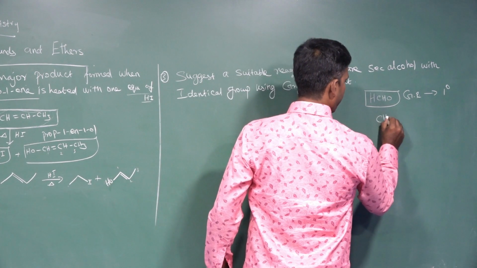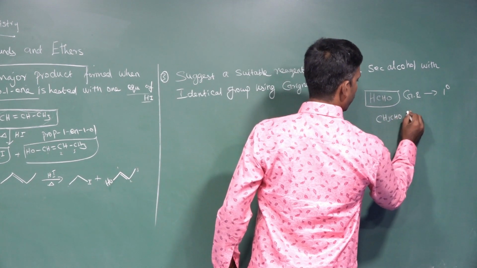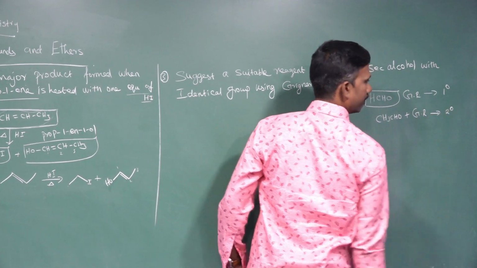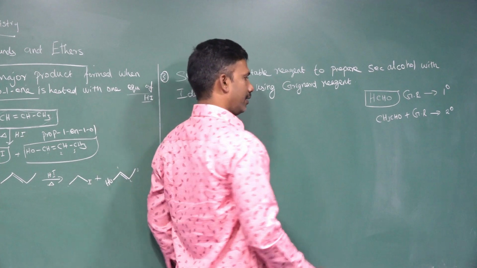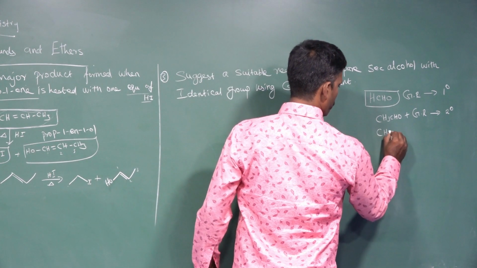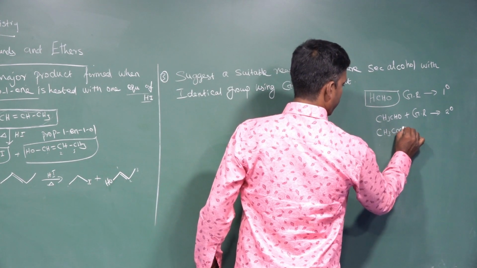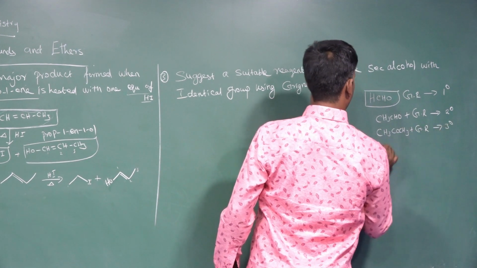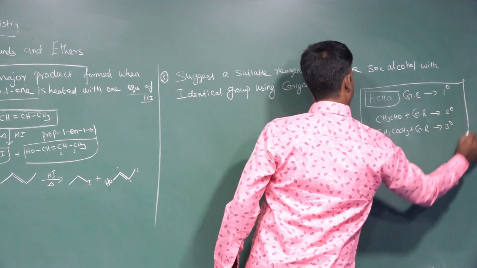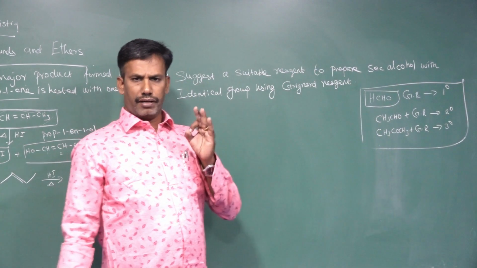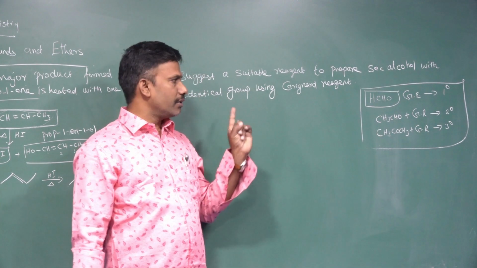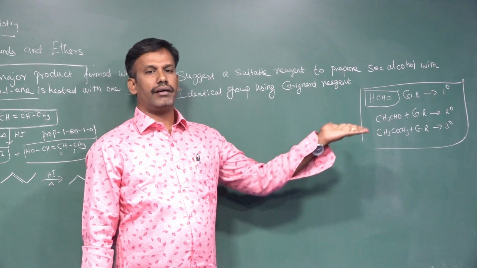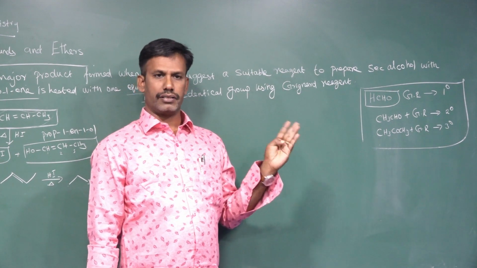Whenever acetaldehyde is treated with a Grignard reagent, you get a secondary alcohol. Likewise, if you use a ketone, you get a tertiary alcohol. This is a key point you should recall. So formaldehyde with Grignard reagent gives the primary alcohol, acetaldehyde gives the secondary alcohol, and acetone or ketone gives the tertiary alcohol.